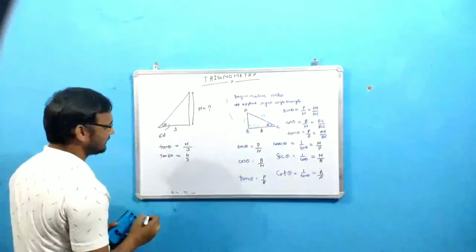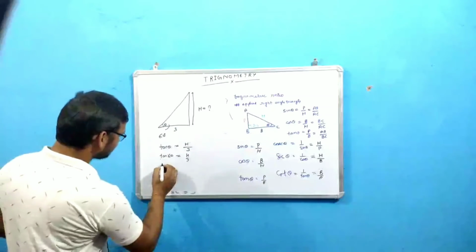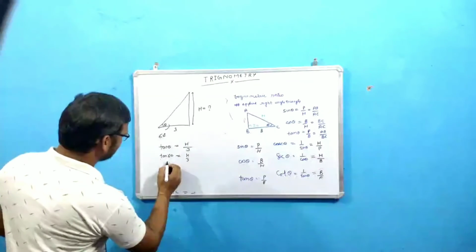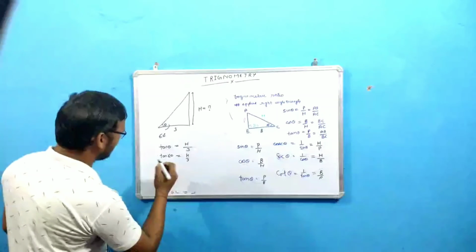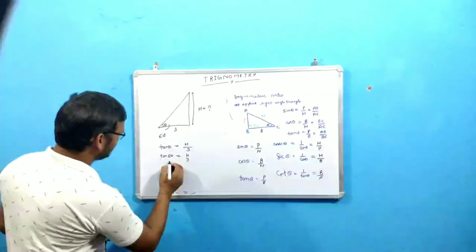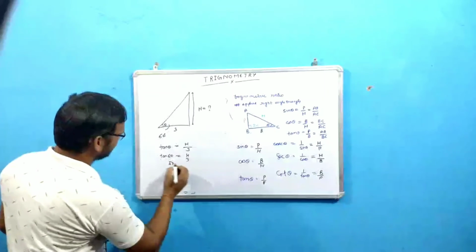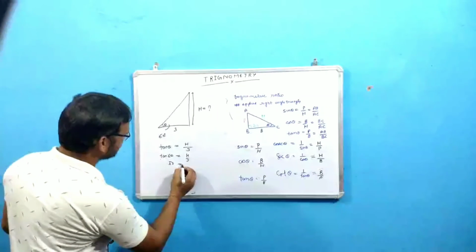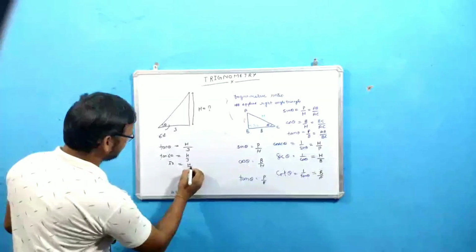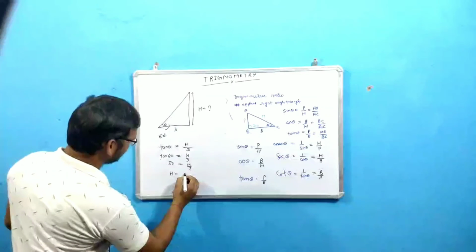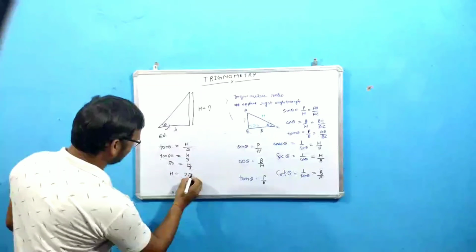The value of tan 60 is sin 60 upon cos 60, means root 3 by 2 upon 1 by 2, which is root 3. So h upon 3 equals root 3, and h is 3 root 3.